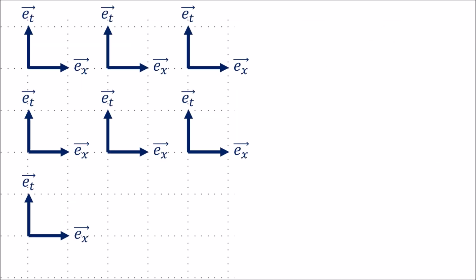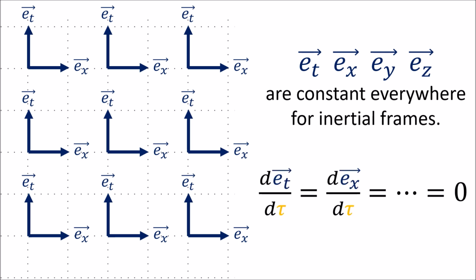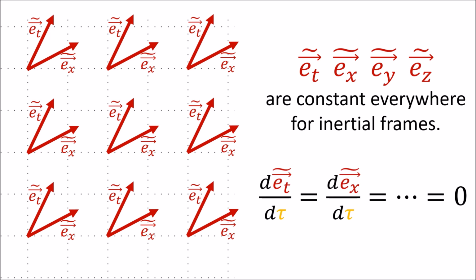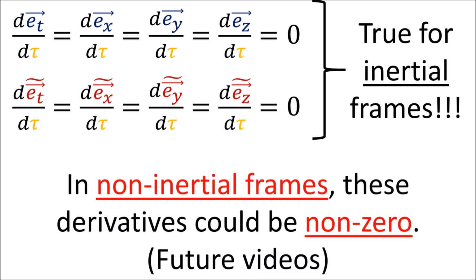However, in the case of inertial reference frames, basis vectors are constant everywhere in spacetime, so the derivative of a basis vector is 0 for inertial frames. In future videos, when we deal with non-inertial frames, we're going to see that these derivatives of the basis vectors are actually non-zero. But for this video, we're dealing only with inertial frames, so the derivative of the basis vectors are 0.